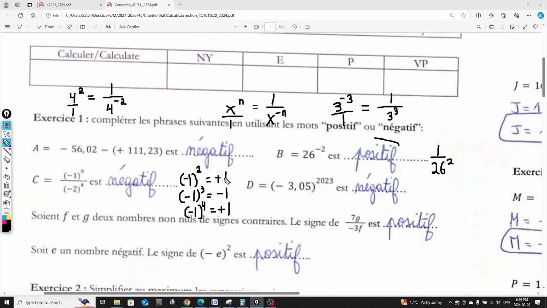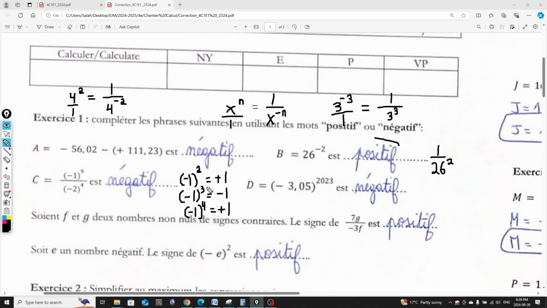To the power of 2, we've got a positive 1 as an answer. So whenever you have an exponent that is even, your answer is always going to be positive, regardless of whatever's down here, the base. Whether it's positive or negative doesn't matter. If the exponent is even, your answer is always going to be a positive value.